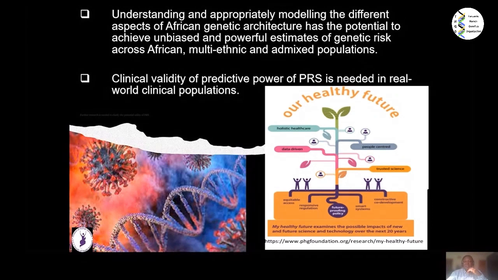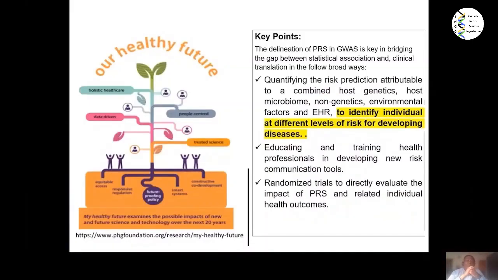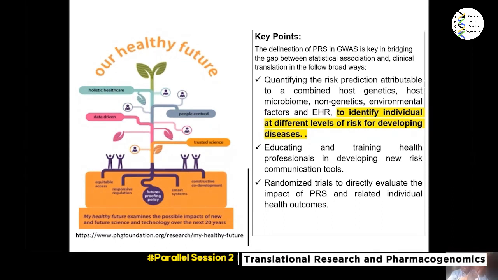Our plan is to quantify risk prediction through a combination of host genetics, host microbiome, and non-genetic elements like family history and lifestyle, meaning nutrition and other environmental factors, and also to include EHR, electronic health records, in the polygenic risk score model to identify individuals at different levels of risk for developing disease.